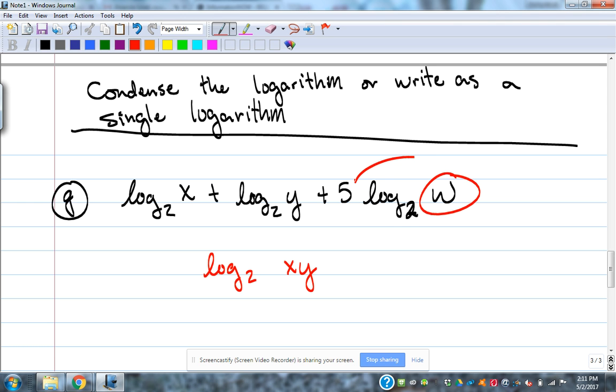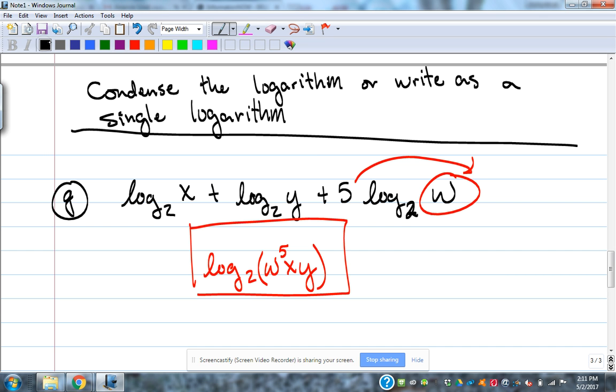Whatever's here, that goes up. So w to the 5th. It really doesn't matter what order you put those in because it's all addition. I put it in alphabetical order just because my OCD kind of says you got to. But mathematically, you don't have to. w to the 5th times x times y. That's condensed all the way, and that would definitely be handy when we go to solve later on.